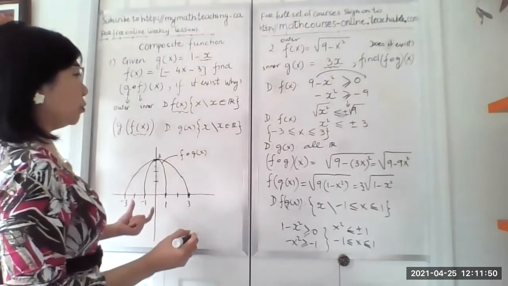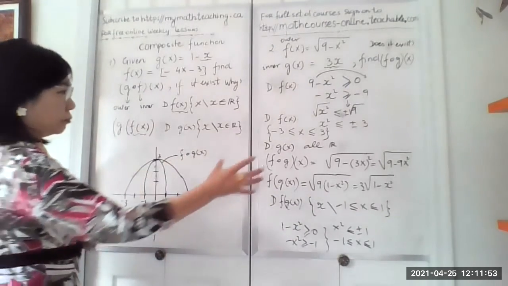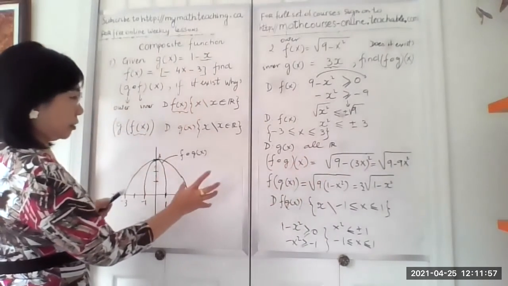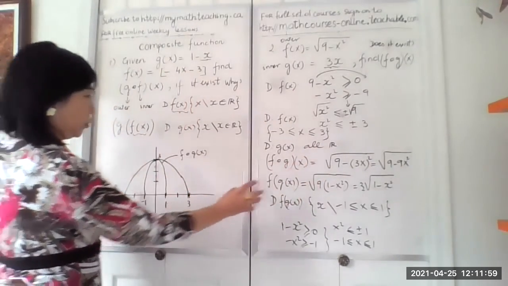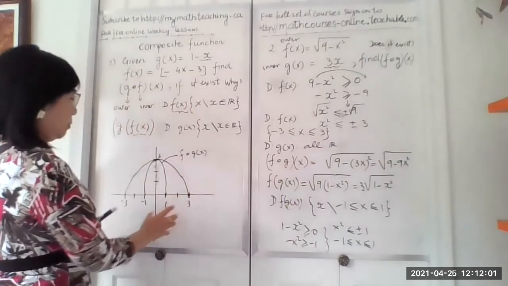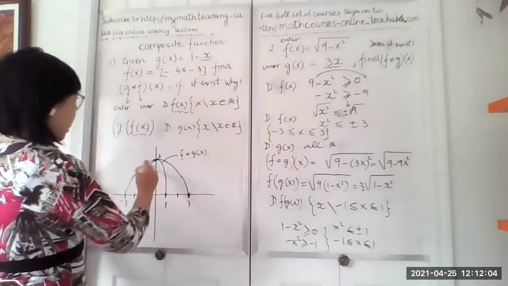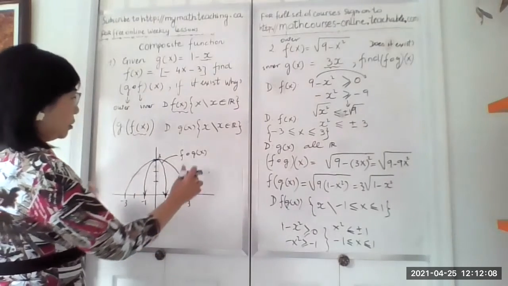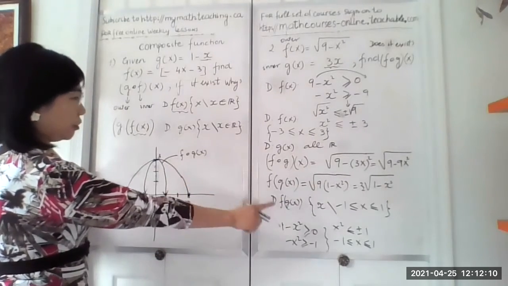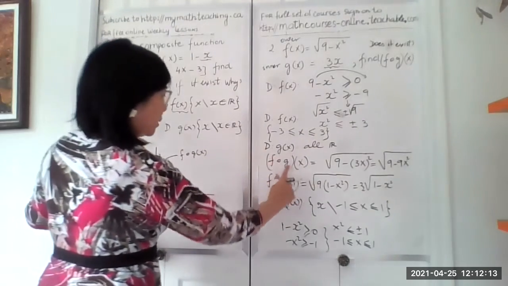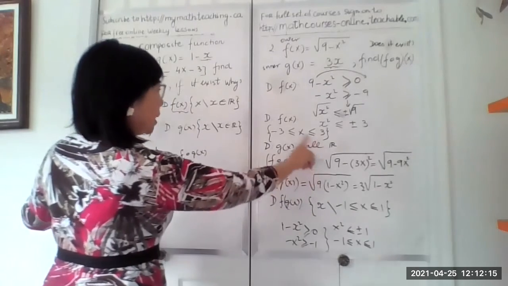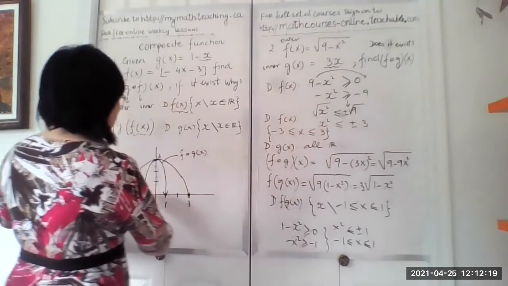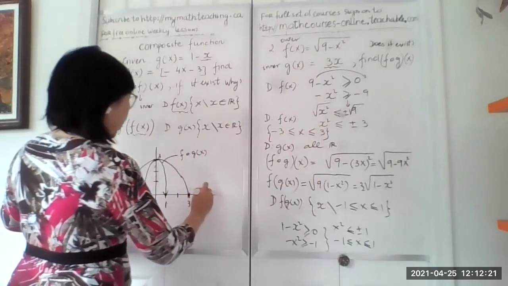We are supposed to put g of x inside the function f of x. And when we do this, if we don't restrict the domain of g of x, the domain of g of x is very large, from negative infinity to positive infinity.